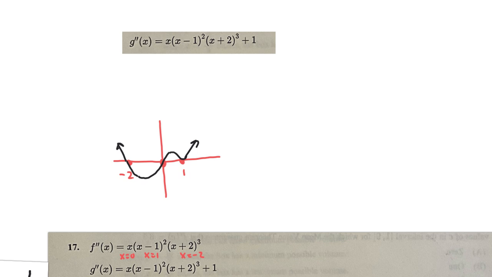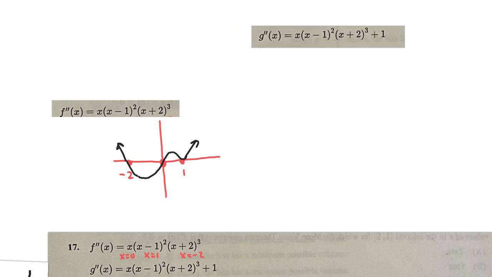Because let's be very clear, this right here is F double prime, but we're investigating G double prime, which is the same as F double prime, but it's plus 1. So my thought is, what if we found an X value here, for example, -1, and if we plugged that into this one, if this point is still negative, then we know that G double prime also has 2 points of inflection.